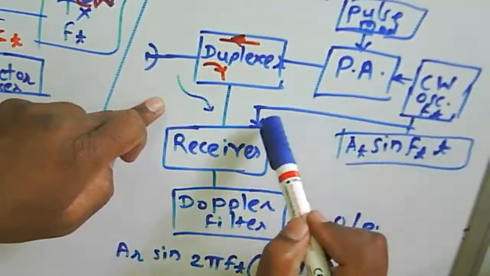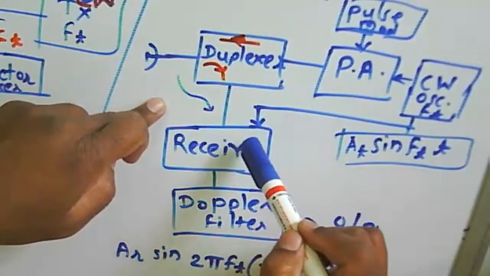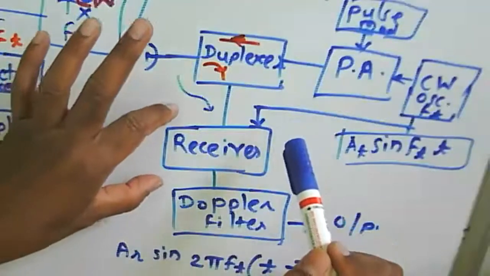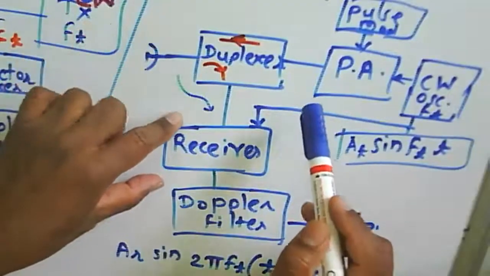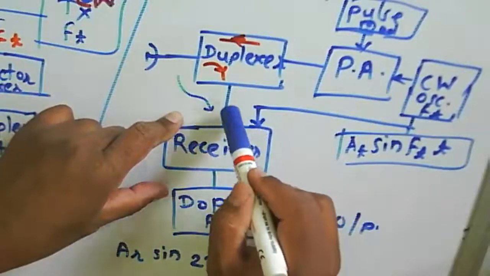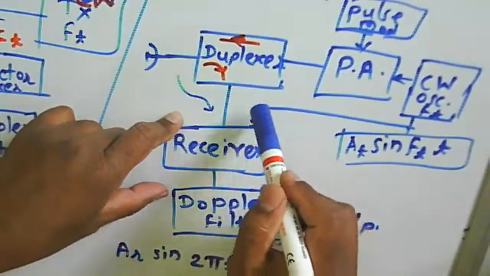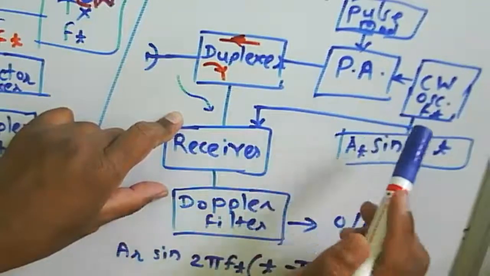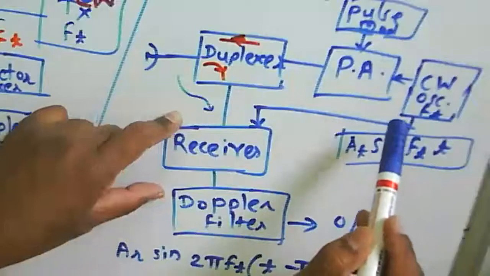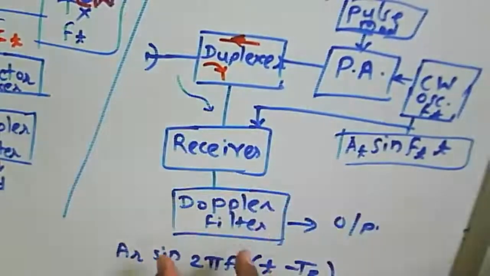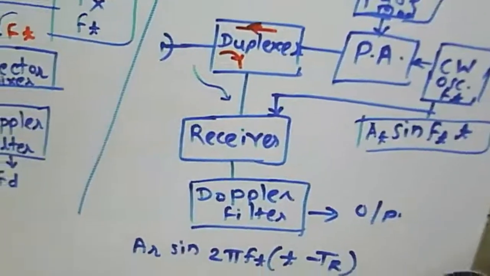Now that signal is given as a reference to the receiver. Here we are getting two signals. This receiver acts as a mixer. At this particular stage, we are getting two signals: one is the echo signal, and one is the reference signal. After that, we are supposed to remove the FT, and then we use a Doppler filter.